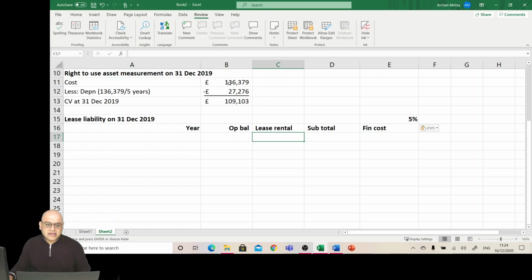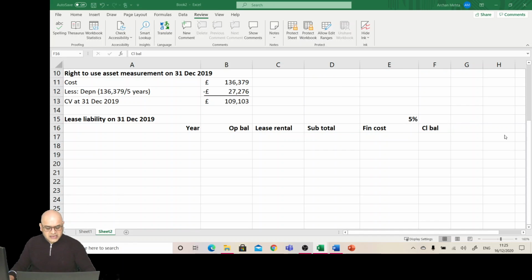Immediately our total balance of 136,379 goes down by 30,000. So when we need to charge the interest, we will charge it on a smaller amount, to get our closing balance. Let's see how it works.